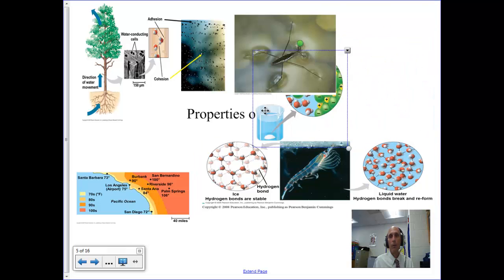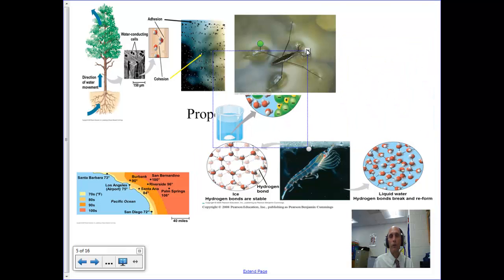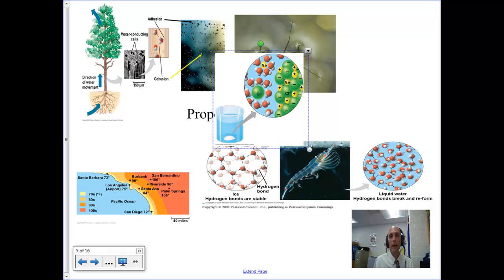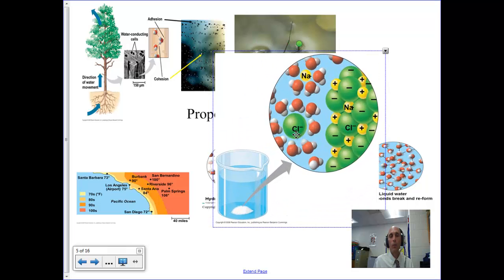Alright, and probably one of our biggest things is water is a universal solvent, and we know that water is a polar molecule like we saw before, and as a result of being a polar molecule, it's going to be attracted to other polar molecules. In this case here, the negatively charged chlorine is surrounded by the positively charged hydrogen atoms in the water molecule, and then the sodium atoms right up here are going to be surrounded by the negatively charged oxygen atoms.